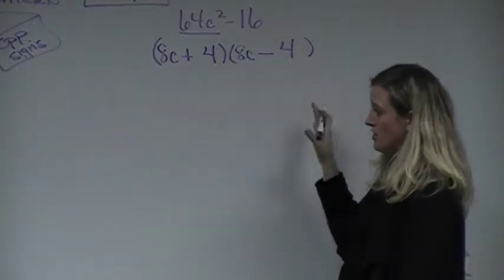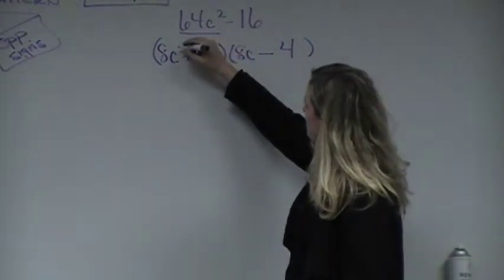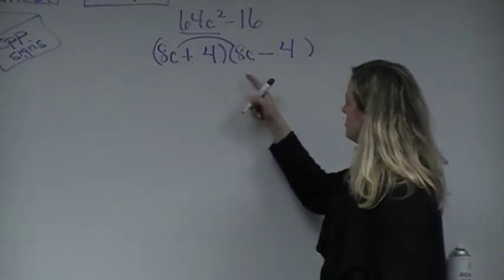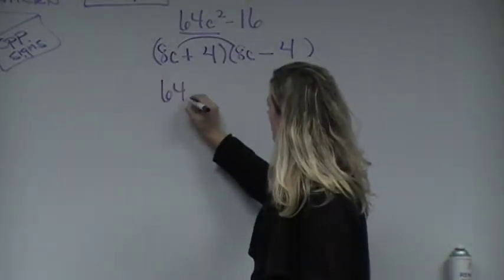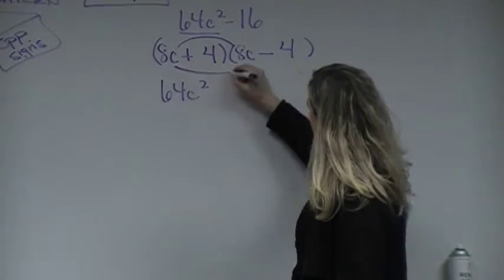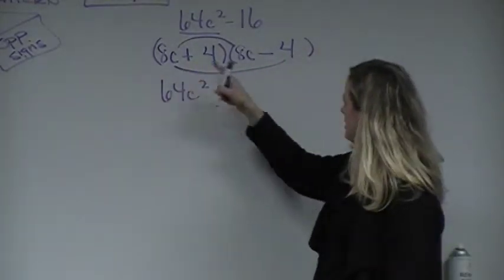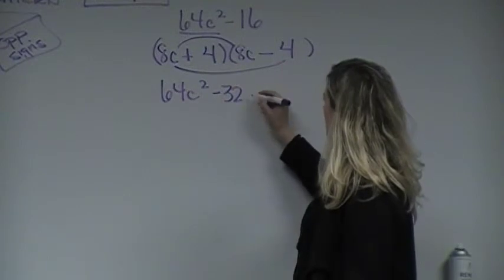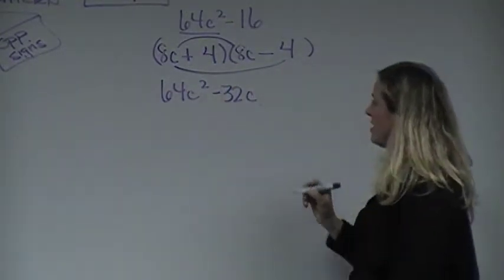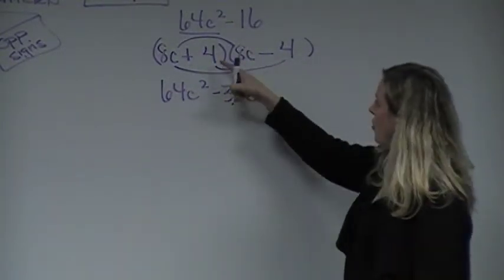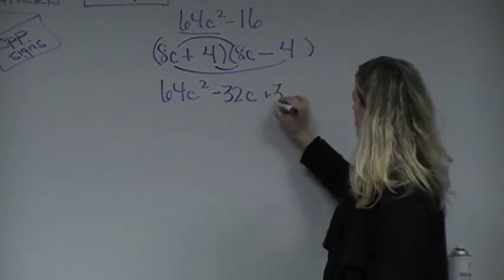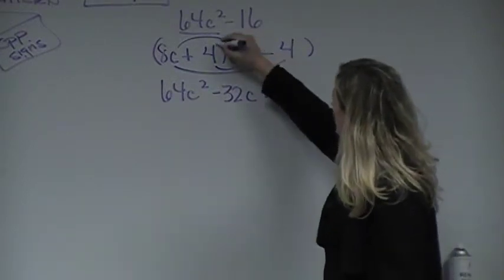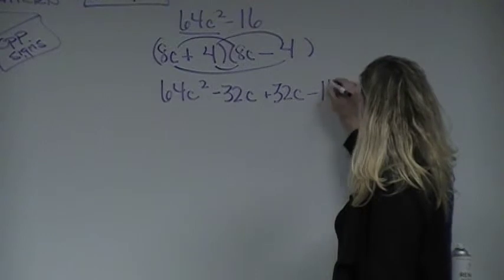If we were to FOIL this to check it, let's use FOIL this time. First terms, 8c times 8c is 64c squared. Outside terms, 8c times a negative 4 is negative 32c. Inside terms, 4 times 8c is positive 32c, and then the last two terms is negative 16.